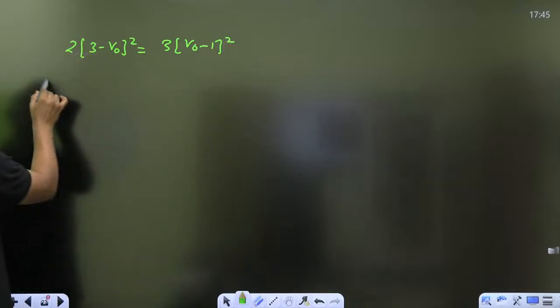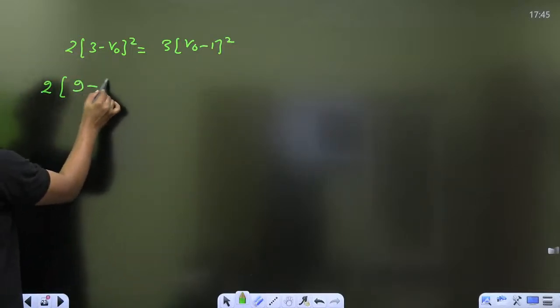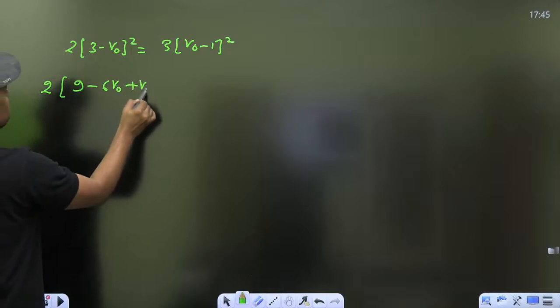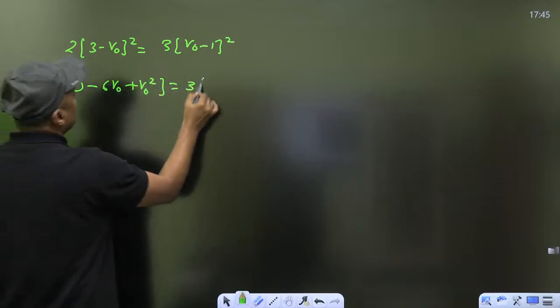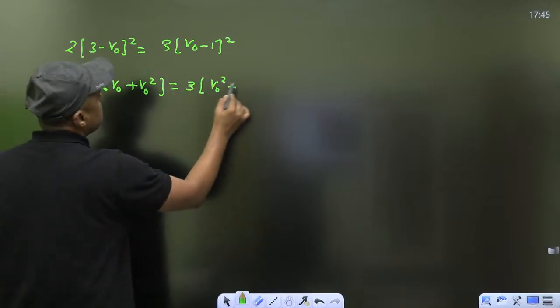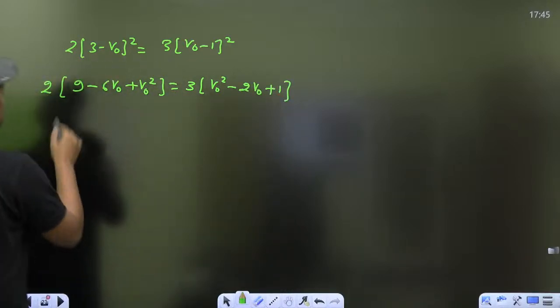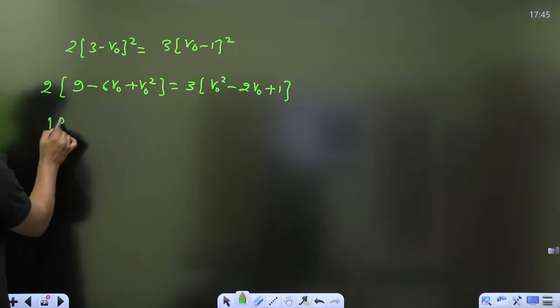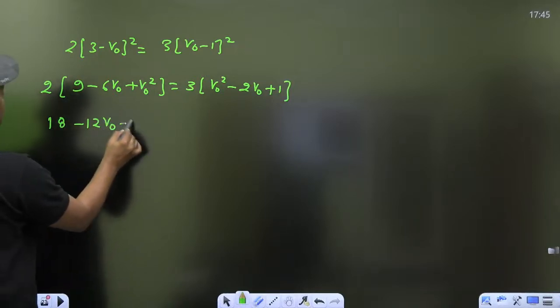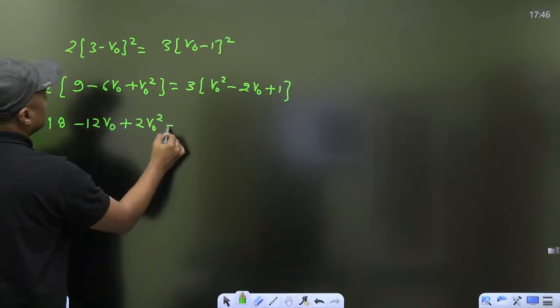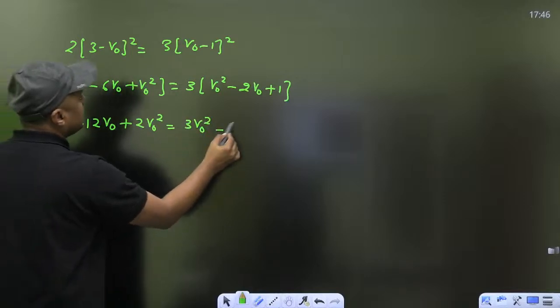What is this? 9 minus 6 V0 plus V0 square is equal to V0 square minus 2 V0 plus 1. Then 18 minus 12 V0 plus 2 V0 square is equal to 3 V0 square minus 6 V0 plus 3.